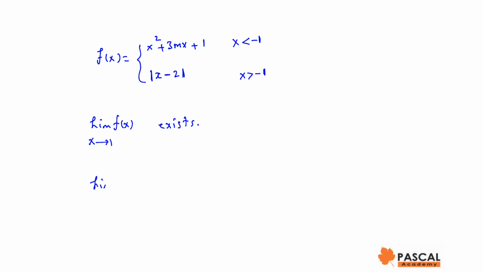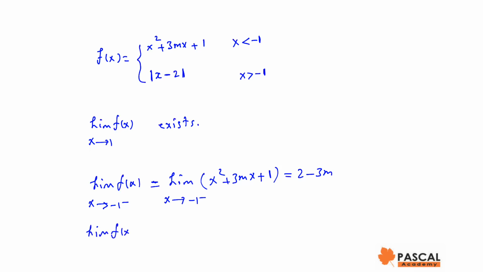Limit of f(x) as x approaches negative 1 from left side is the limit of x² plus 3mx plus 1 as x approaches negative 1 from left side, which is 2 minus 3m.